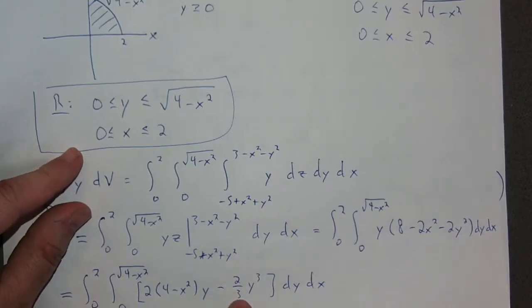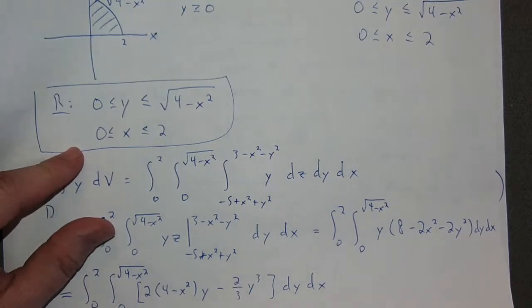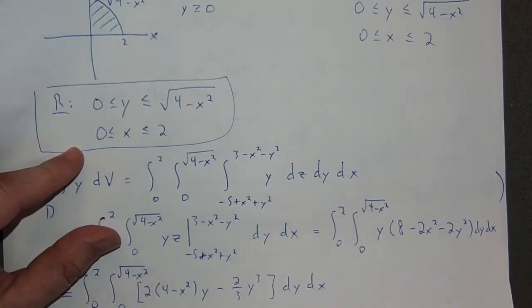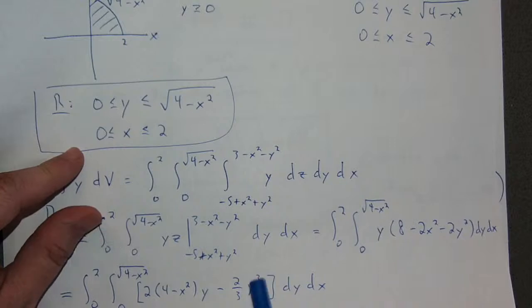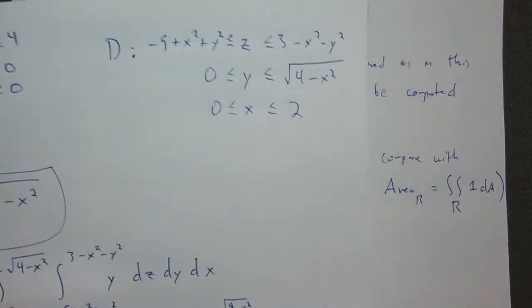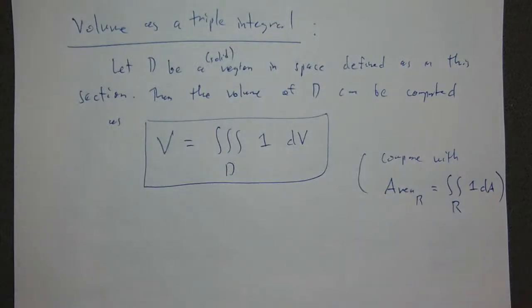That shouldn't have been there. This should be just a -2, because I hadn't done the integral yet. So that would slightly change the form.